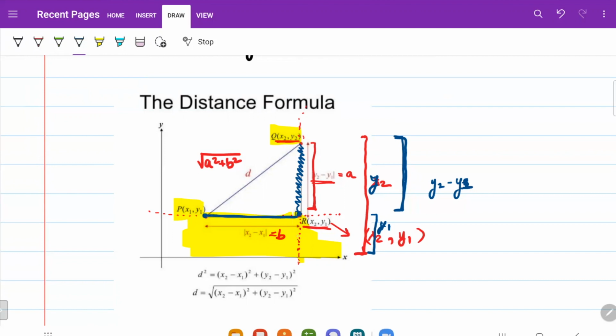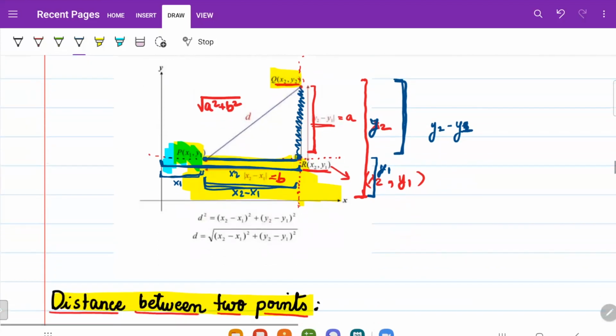That would just mean you have x2, which is till here, and we do not want this region here, which is x1, and this whole thing is x2. So the region that we want here, the length of that line is x2 minus x1, which is B.